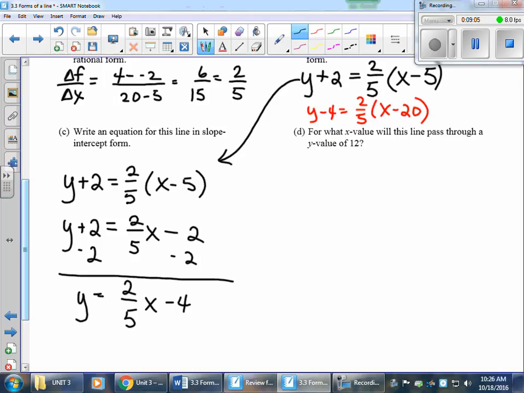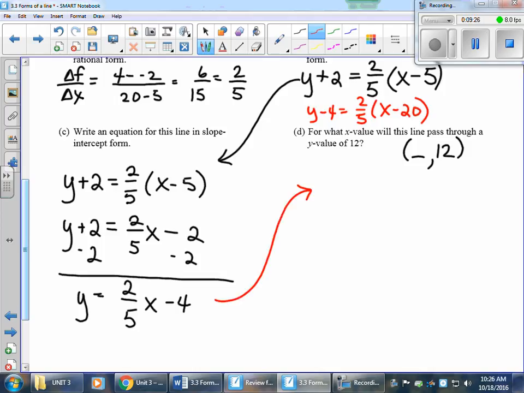And D, for what x value will this line pass through the y value of 12? So again, I like to visualize things. The y value is 12, it wants the x. So what we're going to do is use one of our equations. It does not even matter which one we use. Why don't we use this one right here because it happens to be convenient.